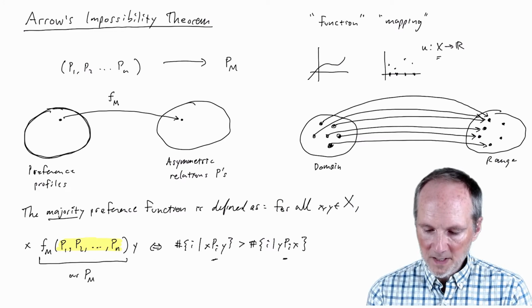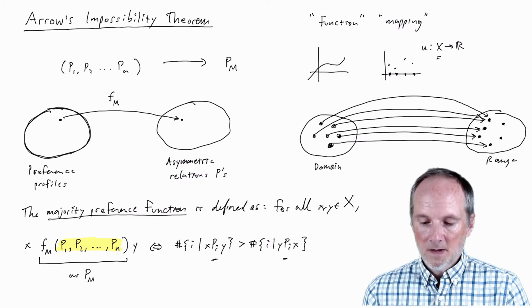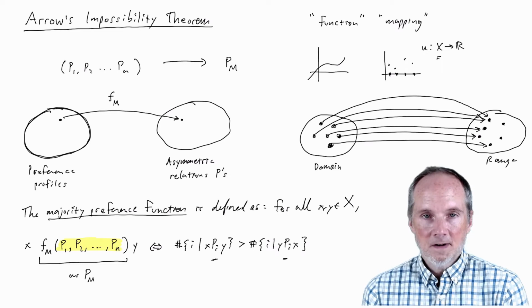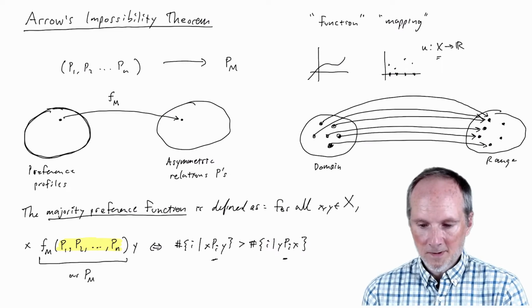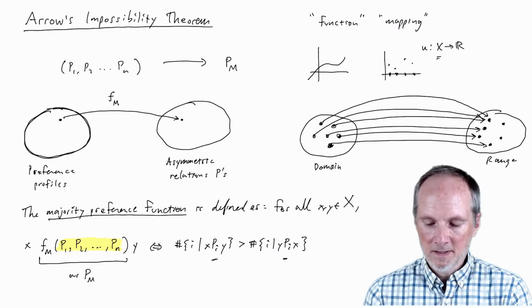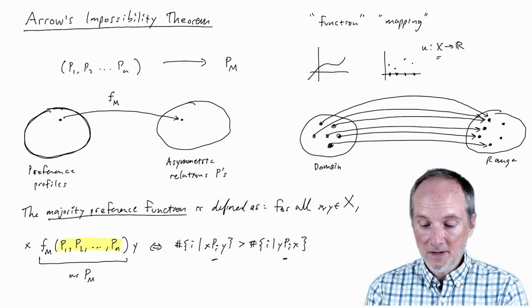Right? So this is the majority preference function. It's this definition we already saw. There's not really anything new here. We're just thinking about it in a different way. We can think about this as a function.